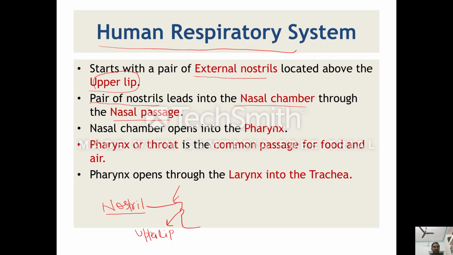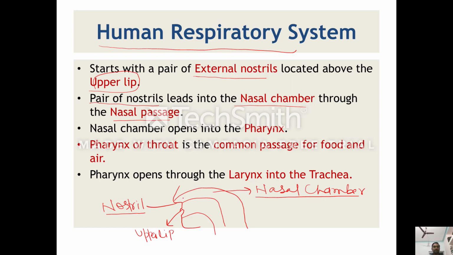From this external nostril there arises a chamber, and this chamber is called the nasal chamber.